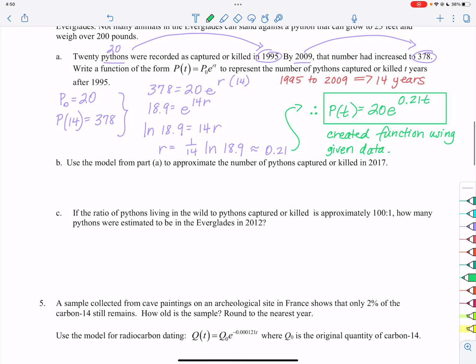Now we're going to use the model from Part A to approximate the number of pythons captured or killed in 2017.